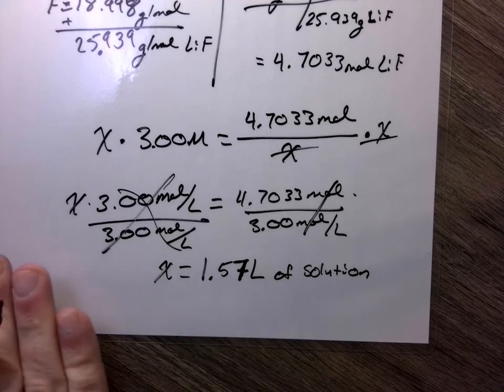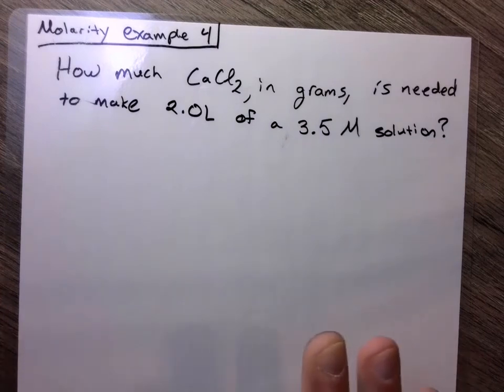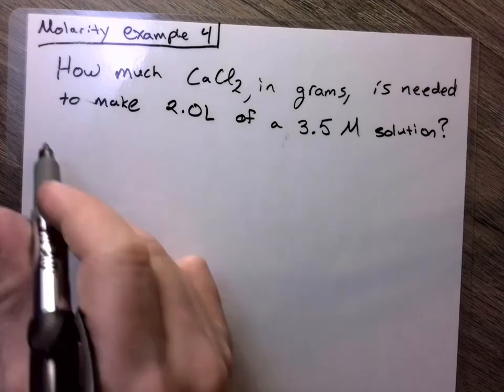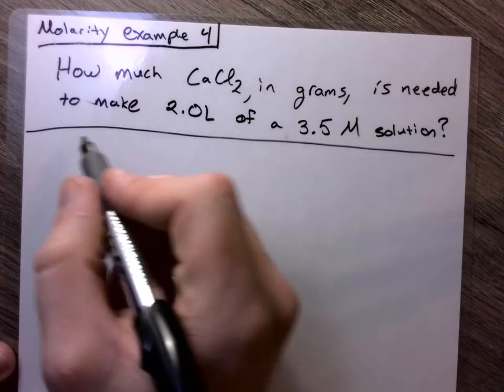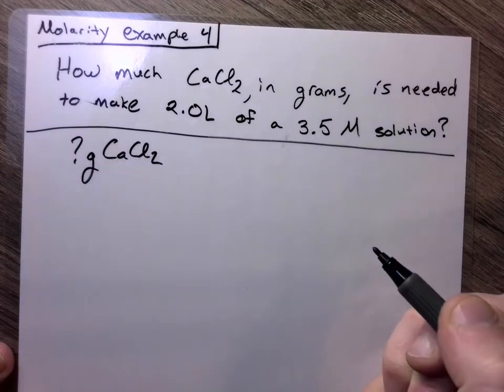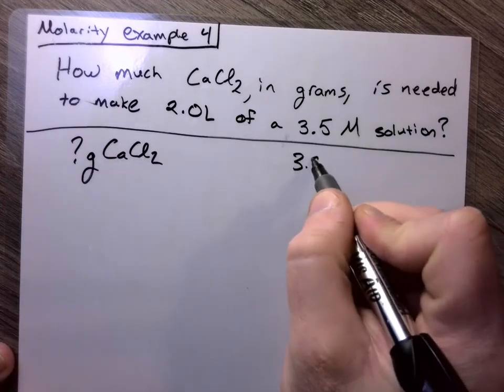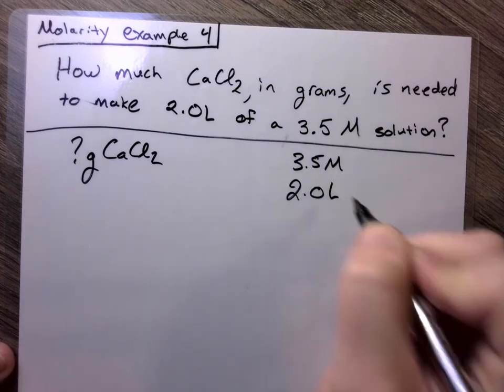Okay, let's look at the last example, number 4. Number 4 says how much calcium chloride, CaCl2, in grams is needed to make 2.0 liters of a 3.5 molar solution. So we want to know grams of CaCl2. We know we have 3.5 molar solution, we know we have 2.0 liters.